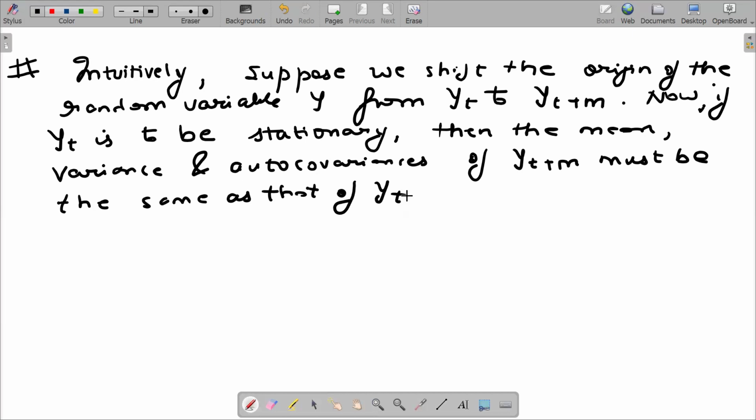So if I shift the origin of the random variable y from yt to yt plus m, and y follows a stationary stochastic process, yt plus m should have the same mean, the same variance and the same autocovariance as yt.